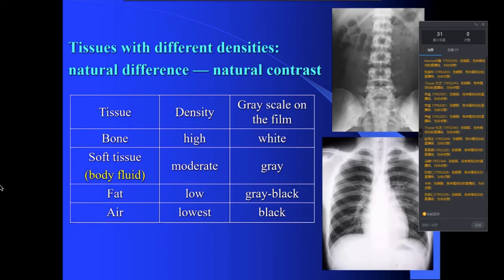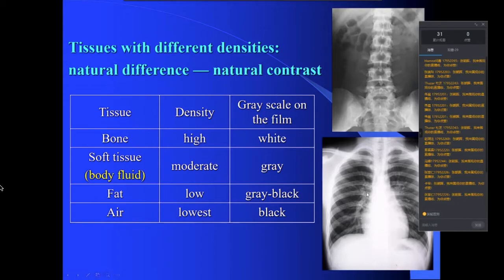This X-ray film of the lumbar spine is obtained with X-rays penetrating through the body from anterior to posterior. Stomach and intestine are in the belly. When they are filled with air, the attenuation of X-rays resulting from them is much less than the surrounding structures, which makes them appear as black areas on the X-ray film.